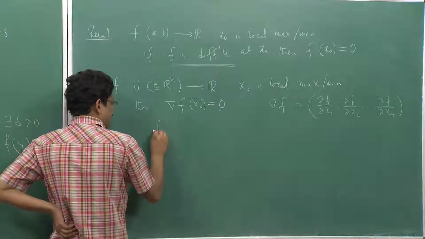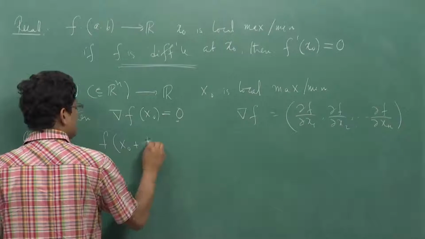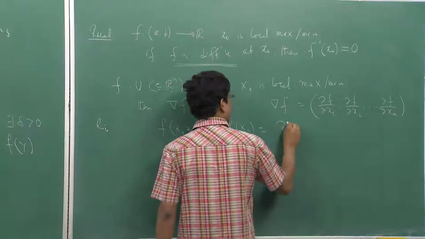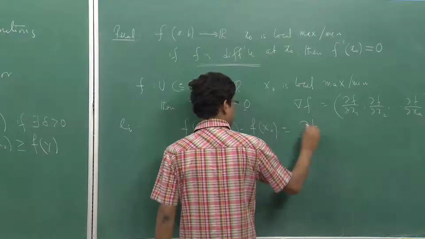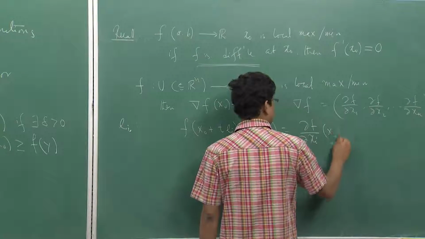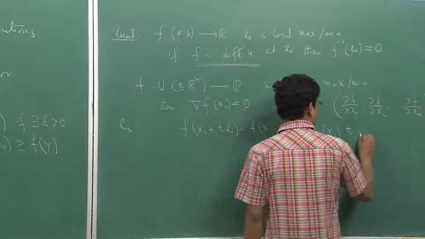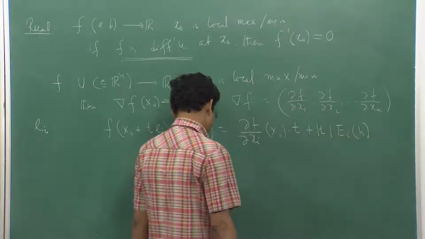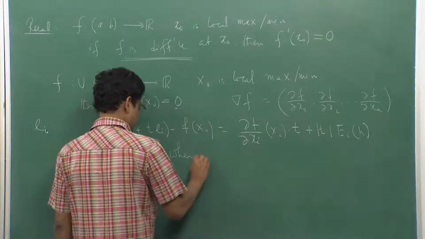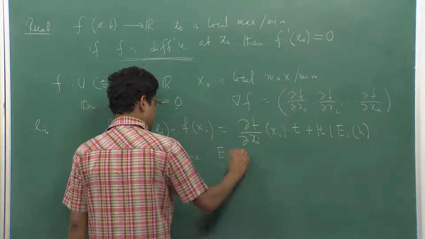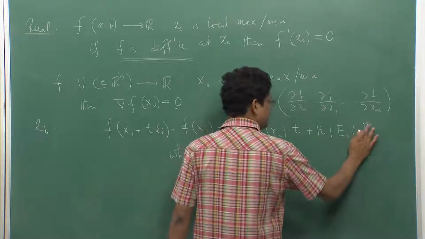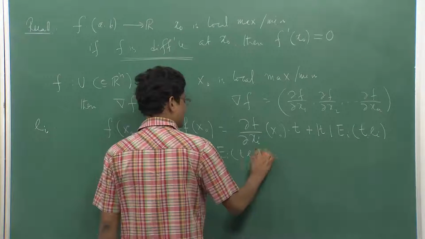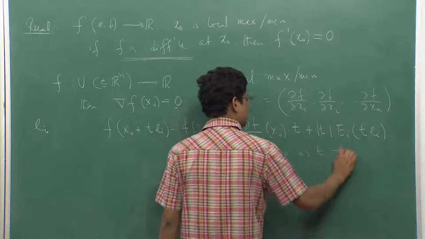What I know is f of x naught plus t e_i minus f of x naught equals del f del x_i at x naught times t plus mod t times E_i of t e_i, where E_i of t e_i goes to 0 as t goes to 0.